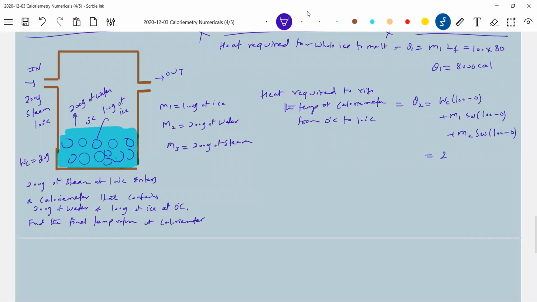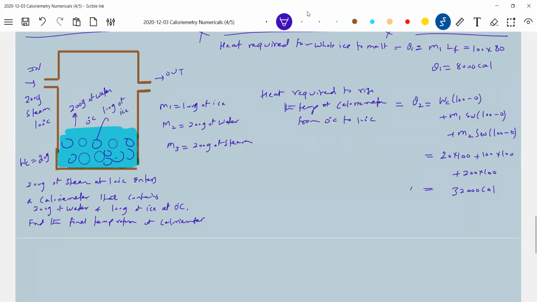So water equivalent 20 into 100, M1 100 into 100, 200 into 100, 32,000. Okay, this much is the total.